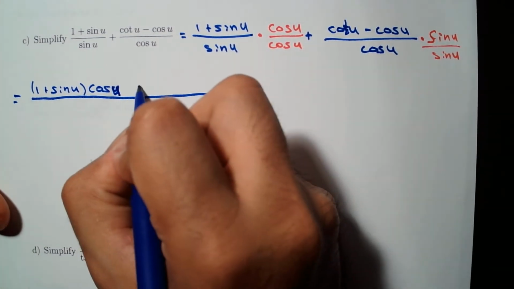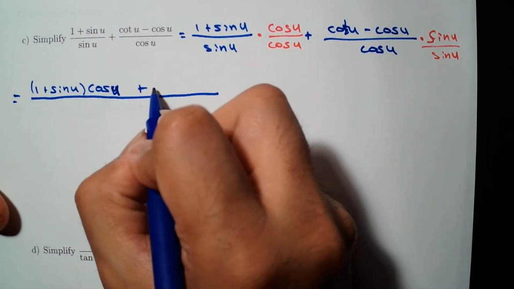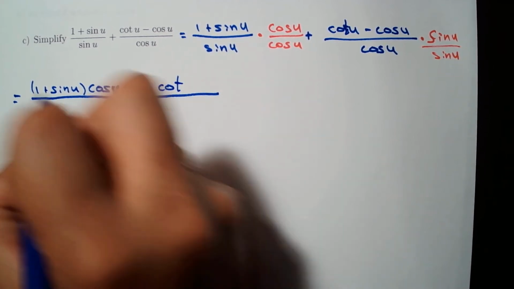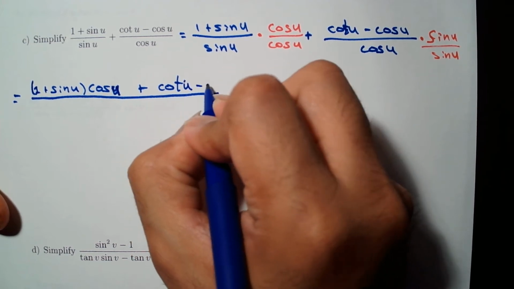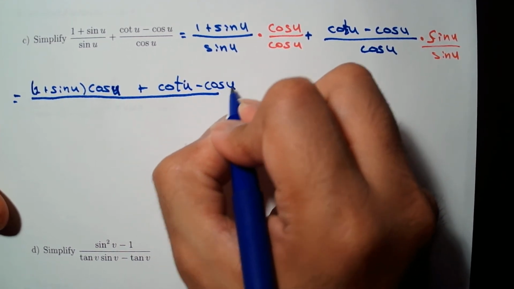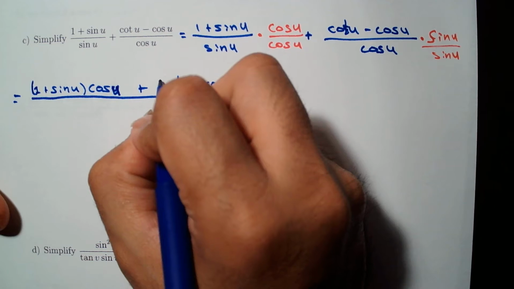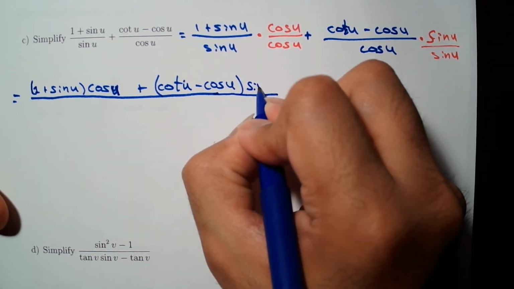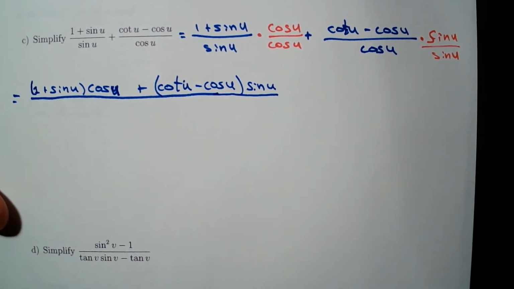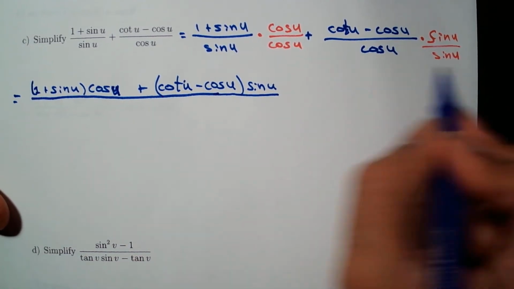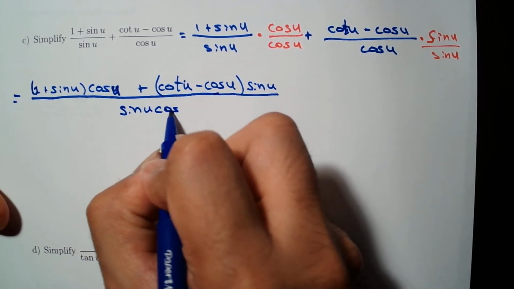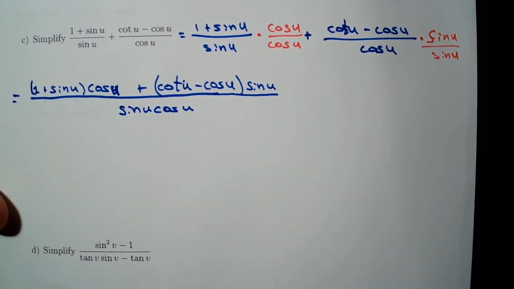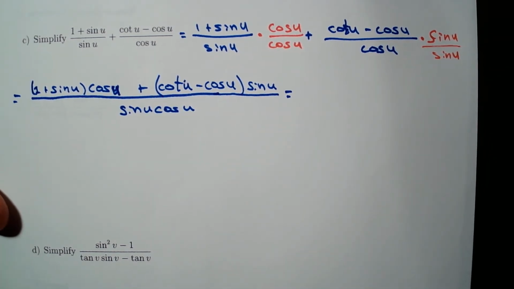Okay, and then plus cotangent minus cosine times this sine u. And the whole thing being divided by the least common denominator, which is sine u cosine u. Alright? So, yes, you guessed that right.